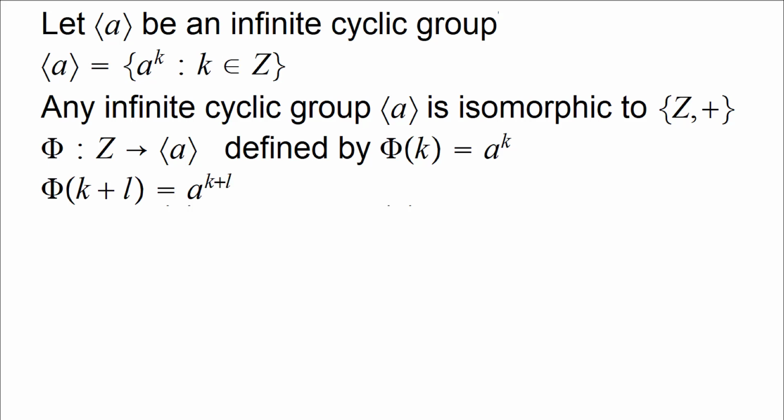Even though this is not the exponential map in the sense of from R to R plus, the behavior is the same. This will look very familiar to you. So this shows that this equals phi k times phi l, because a^k is phi k and a^l is phi l. So the operations are respected.